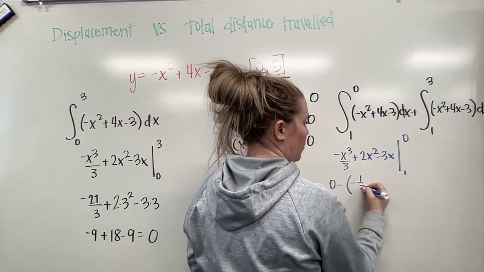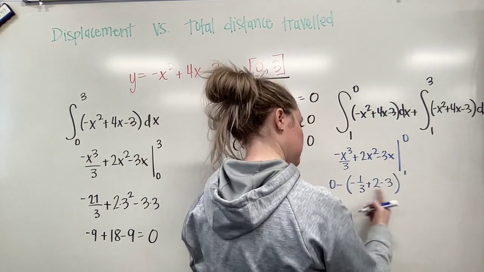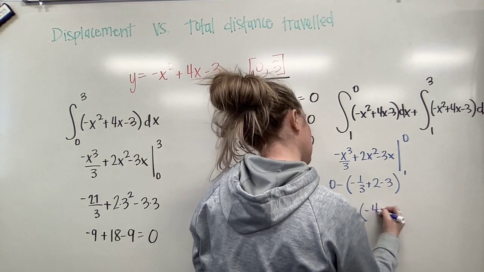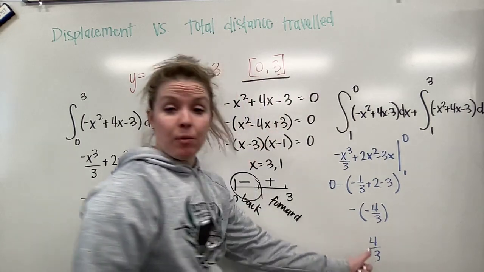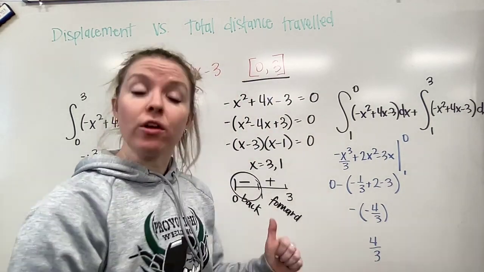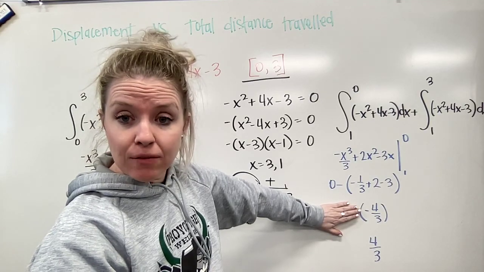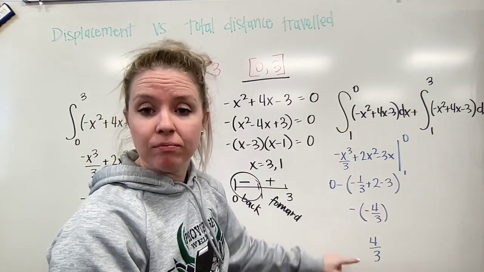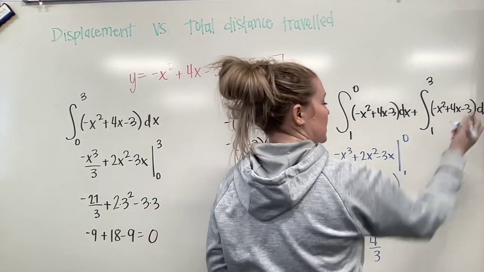So I'm going to get negative 1/3 plus 2 minus 3, which is going to give me a negative 4/3. So that means I went backwards 4/3 unit. I know it's backwards because right there it is a negative, but because we switched those bounds, the negative became a positive. Okay?